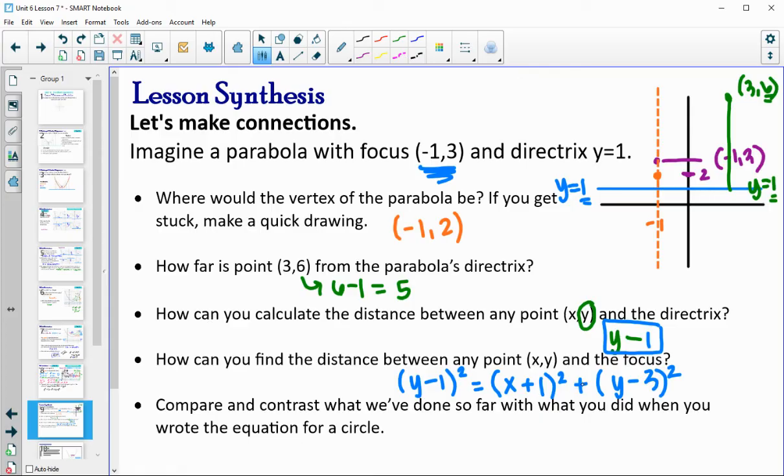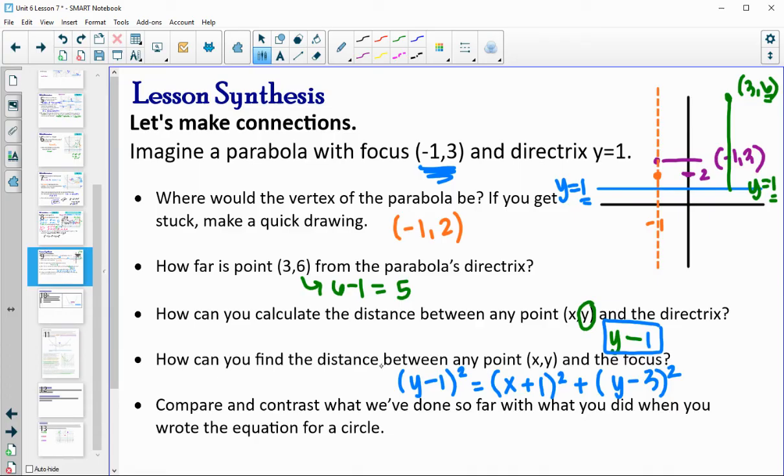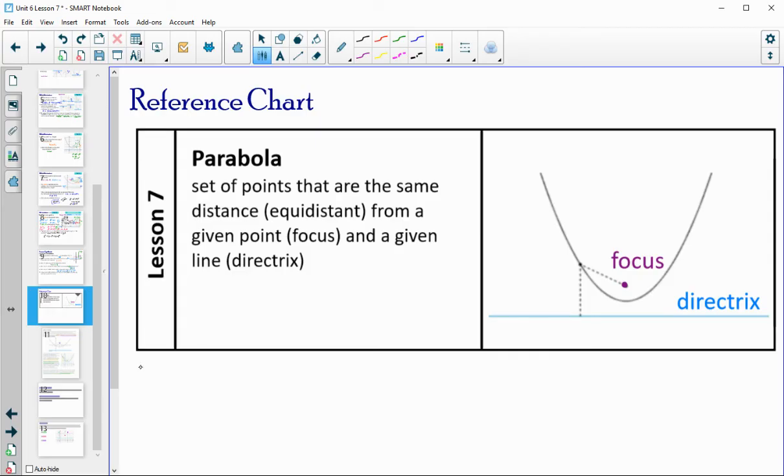So using Pythagorean theorem and then knowing that the distance has to be the same as how far it is from the directrix. So kind of similar to using Pythagorean theorem with a circle. With a circle, we used the center point. Here we're using the focus. So this can go on your reference chart.